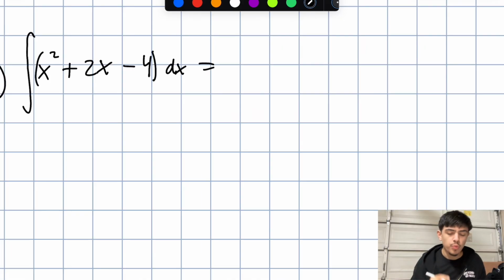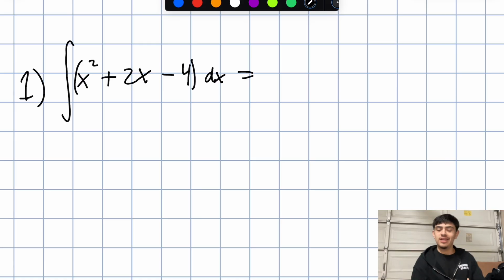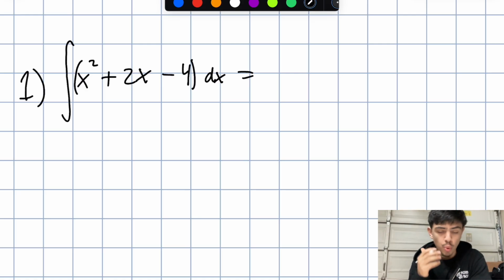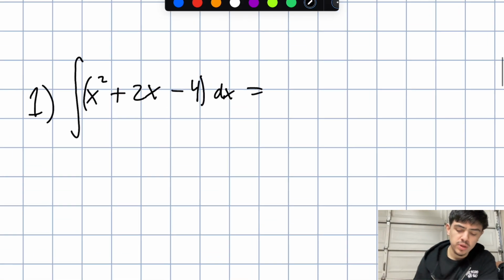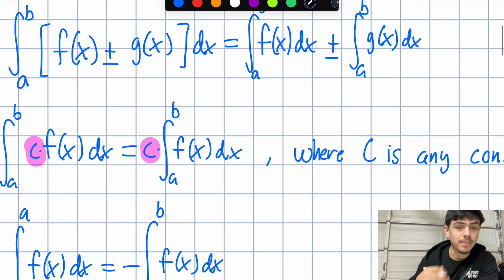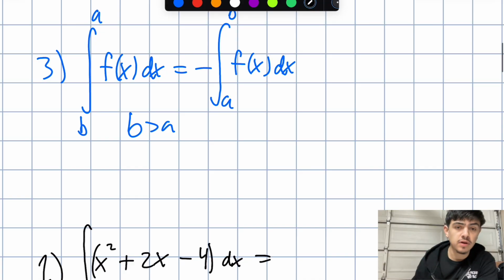So here we have our first example. We have the integral of x squared plus 2x minus 4. Right off the bat, we can see that we can apply one of our properties of integrals, the first one, the sum and difference. We have a plus and a minus separating several functions.